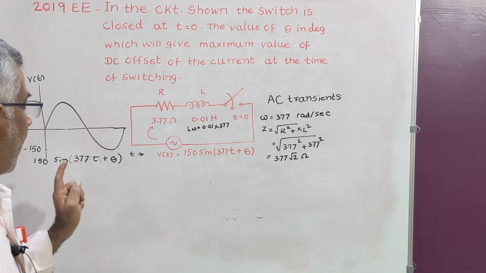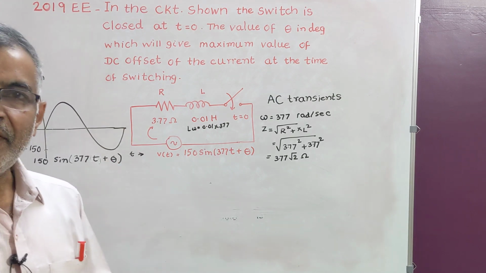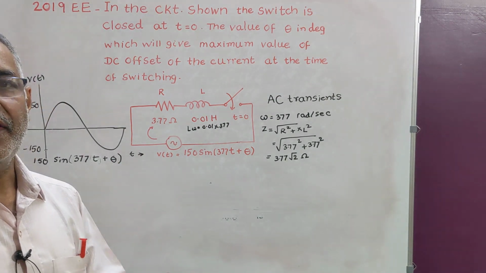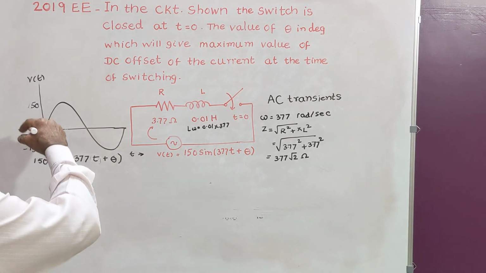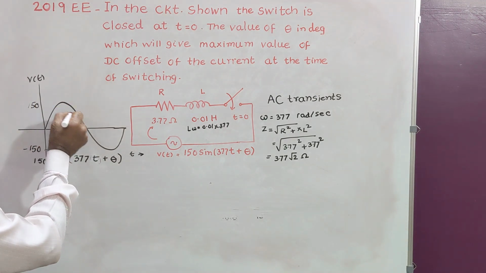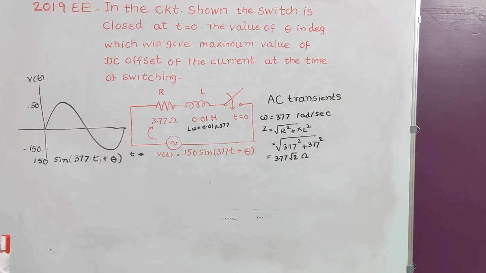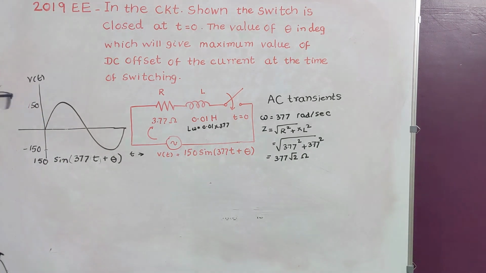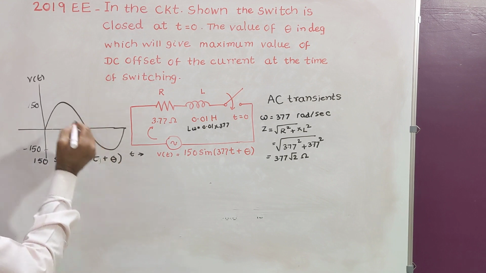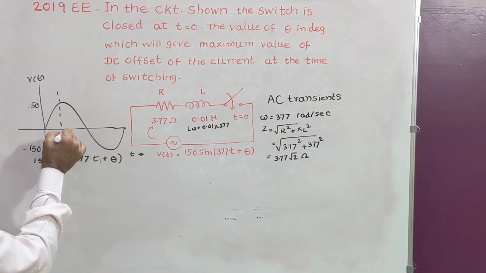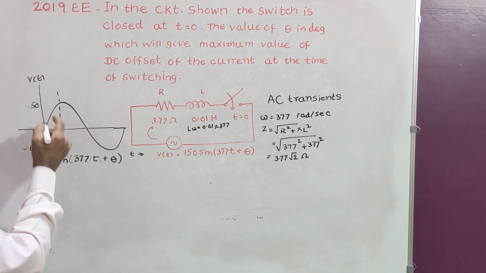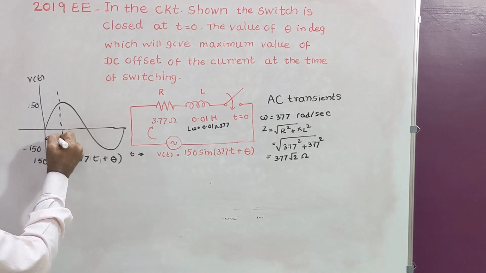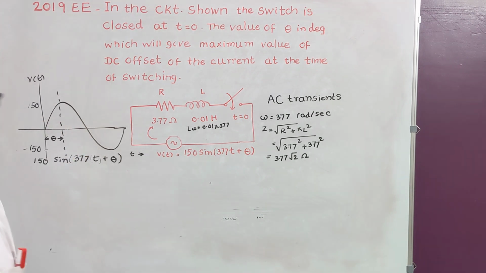377 is omega. What is this theta called? Theta is what is called the phase. Phase means it can be here. For example, if theta is here, then it is 0. Theta means the phase measured from this vertical line.